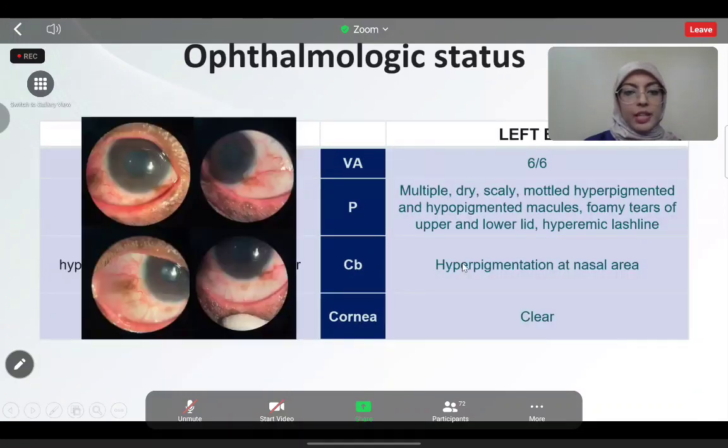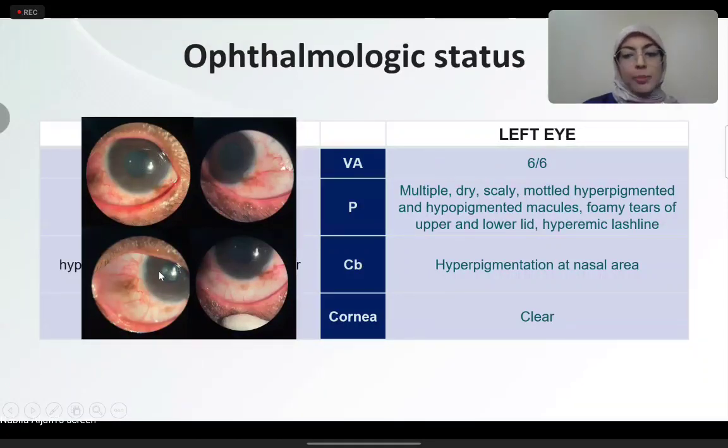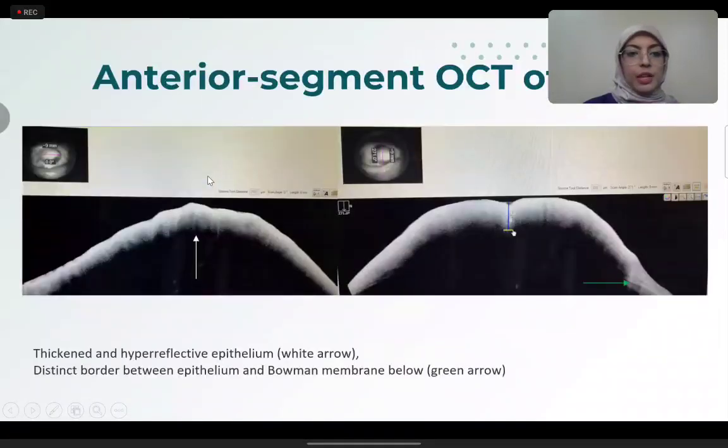For the left eye, the visual acuity was 6/6 with the same palpebral condition, hyperpigmentation at the conjunctiva bulbi with a hyperpigmented area at this nasal side, with clear cornea. Anterior segment OCT showed thickened hyperreflective epithelium and a distinct border of epithelium and Bowman membrane.